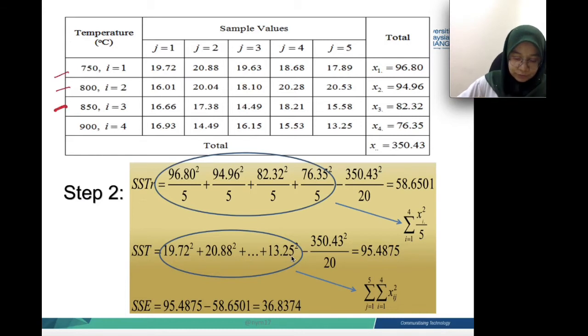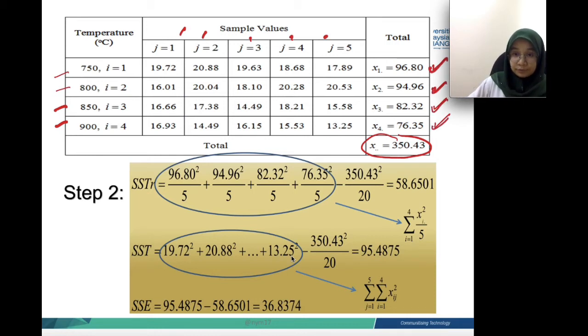Temperature 1, 2, 3, 4, and these are the replications. First, you sum up treatment 1, sum up treatment 2, sum up treatment 3, sum up treatment 4. Then you get the summation of each treatment, and then you total all. You will get 350.43.